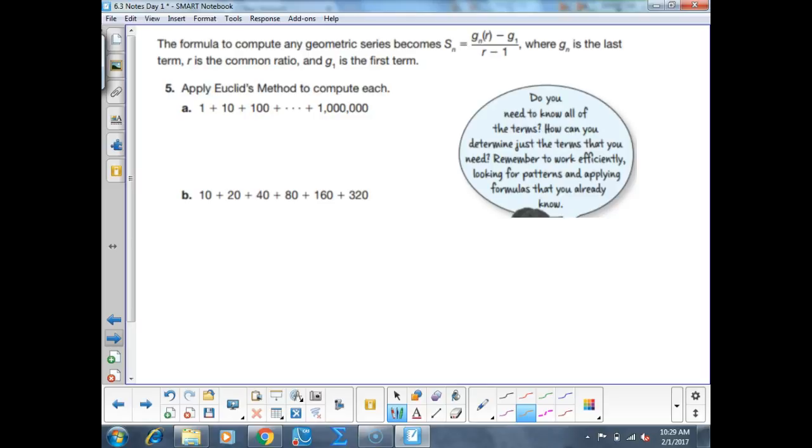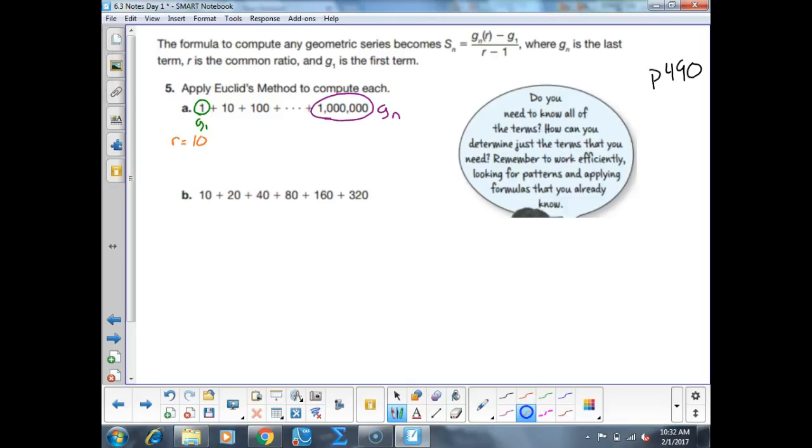So, on page 490, you use Euclid's method here to answer those two questions. Go. So that's G sub 1. That's G sub n. And what's my R here? 10.